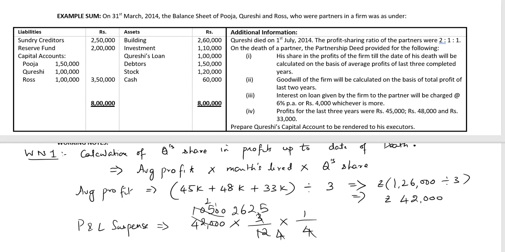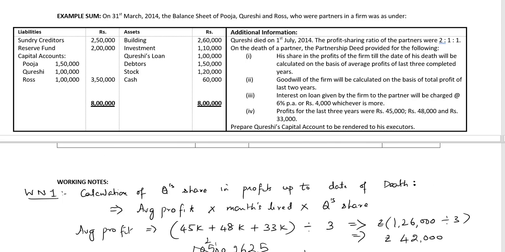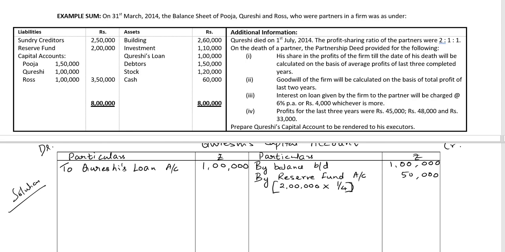Comes up to rupees 2,625. So let's enter this in the capital account of Qureshi, by profit and loss suspense account, 2,625.